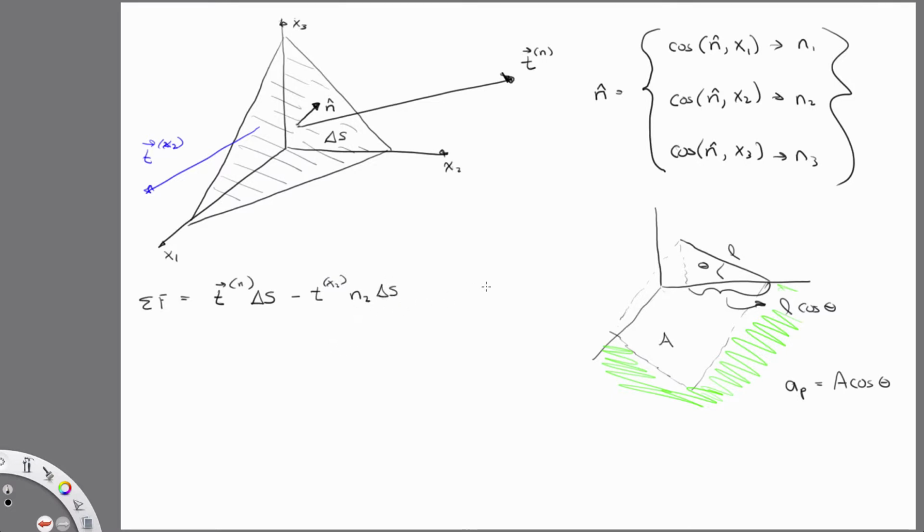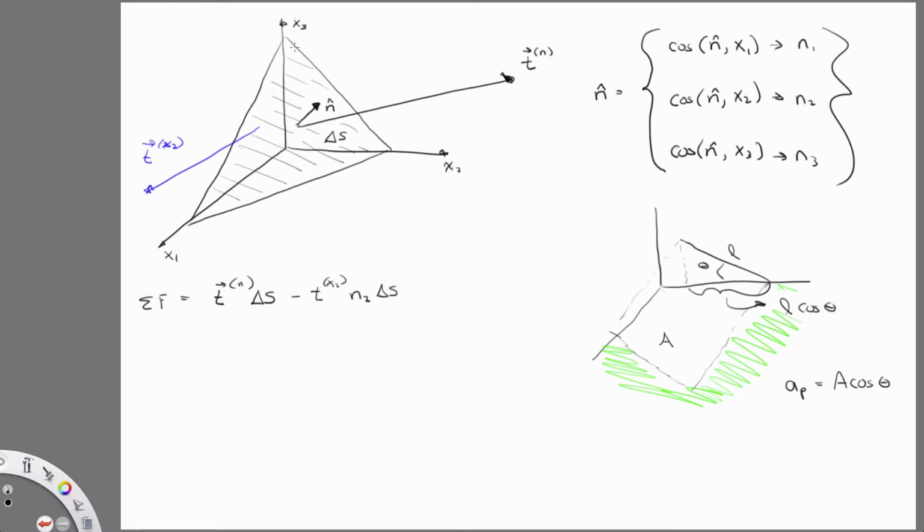And the n2 comes from this cosine thing, right? I said that the n2 is the cosine of n with respect to the x2. And so we're just using the same kind of area identity, that the cosine of the angle between them, here defined as n2, right? So we have t x2 n2 delta s.